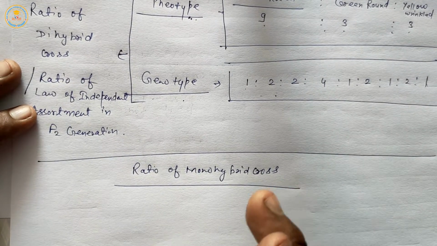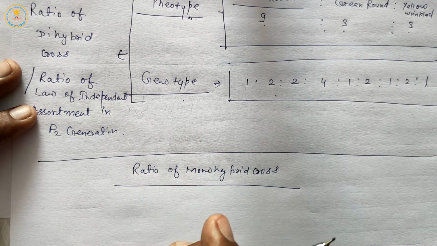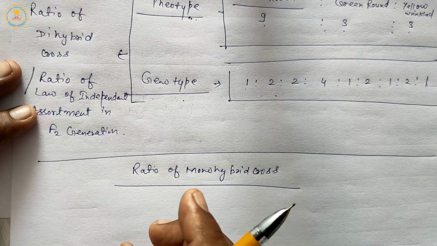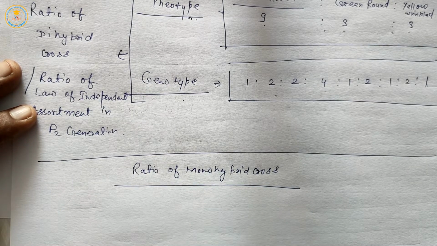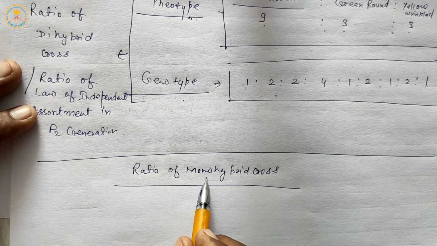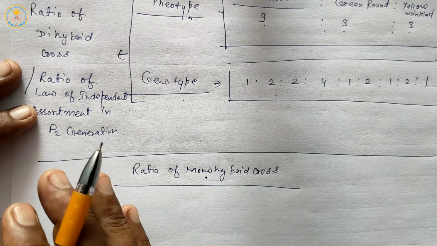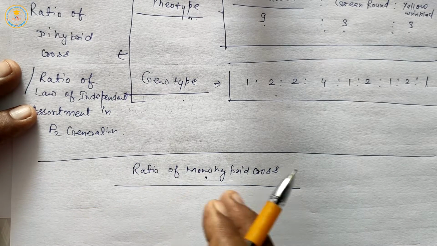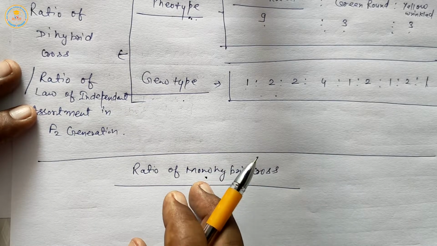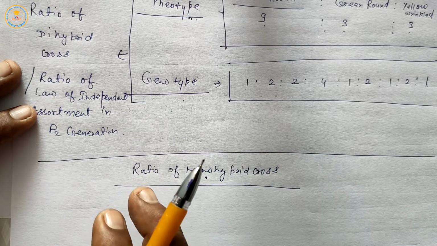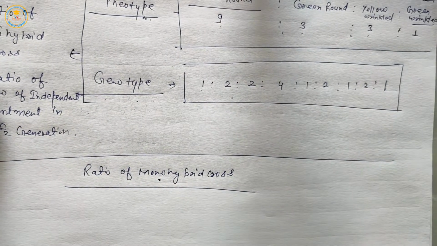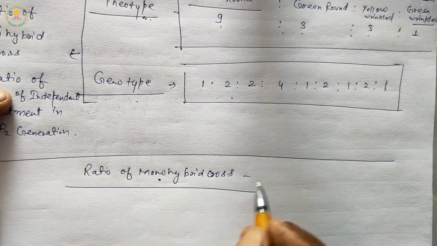I write the ratio of the monohybrid cross. It means this ratio is related to the law of segregation, because the law of segregation depends on the monohybrid cross.